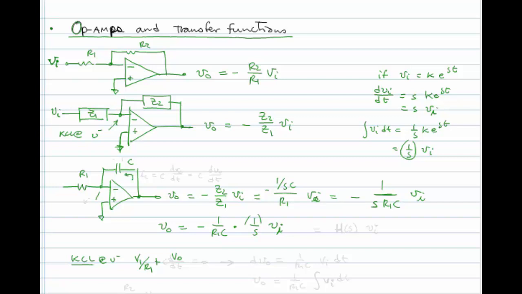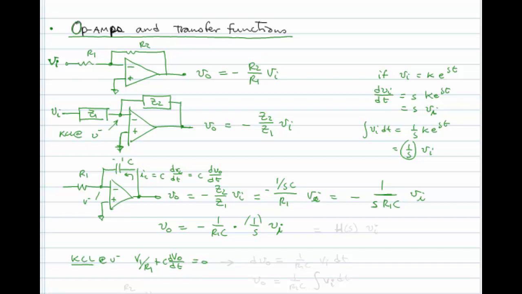We'd have the current flowing here, IC, is equal to C dVC dt, if we define this as VC, which is going to be C dVO dt, because V minus is equal to V plus is equal to 0. So we could write VI over R1 plus C dVO dt is equal to 0.